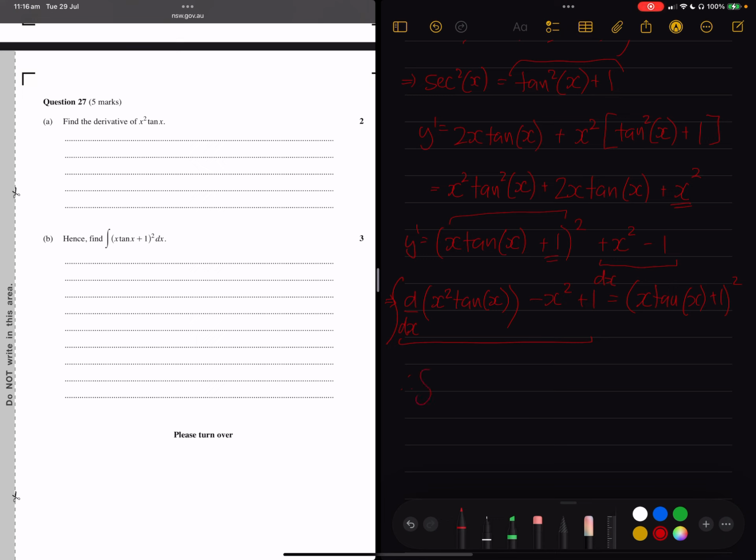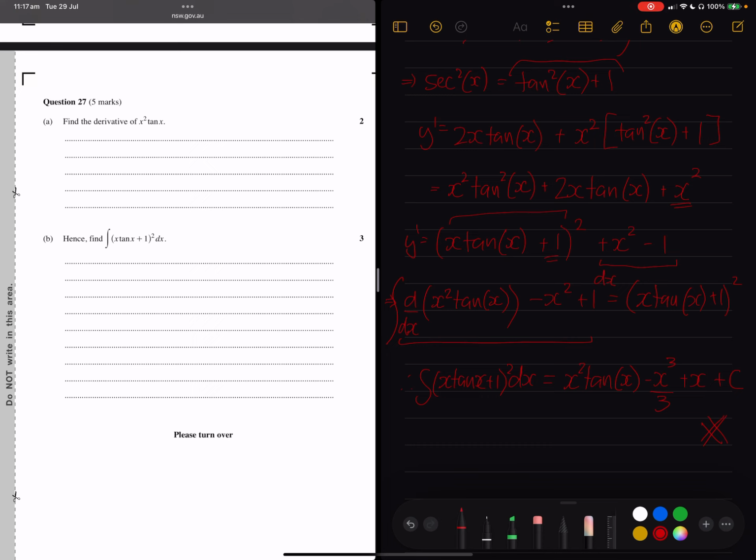So the integral of bracket x tan of x plus 1 all squared dx is equal to x squared tan of x, the integral of minus x squared is minus x cubed on 3, the integral of 1 is plus x, and then we need a constant of integration. So this is the evaluation of the given integral.